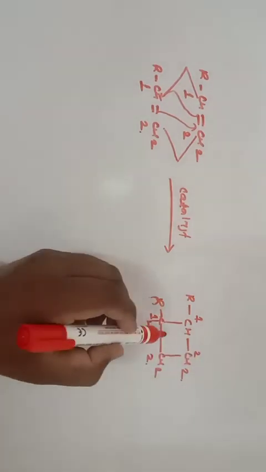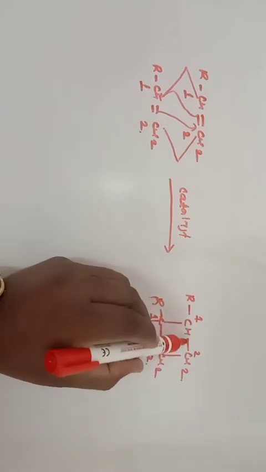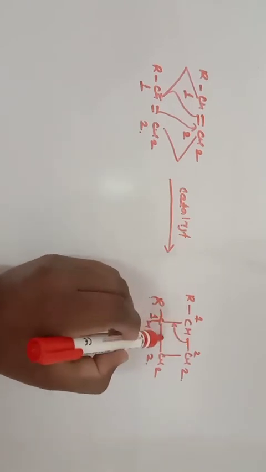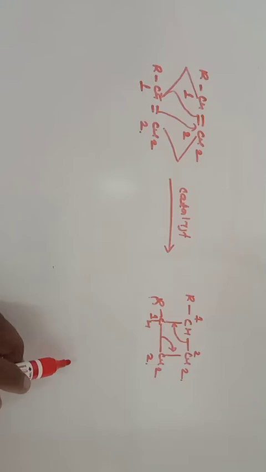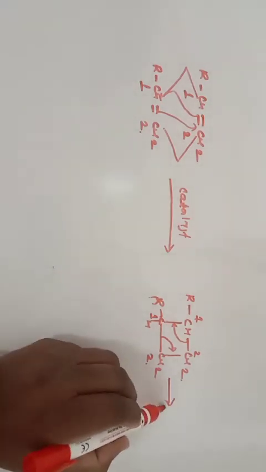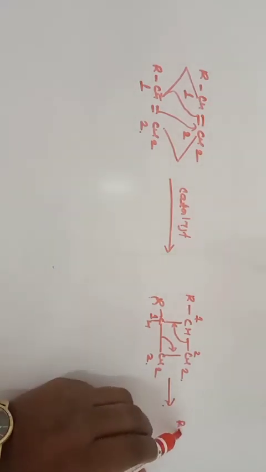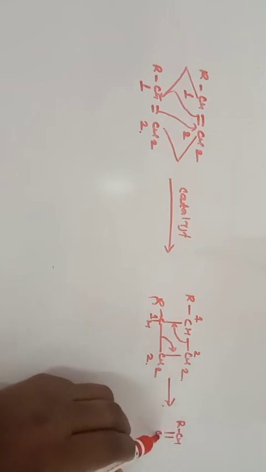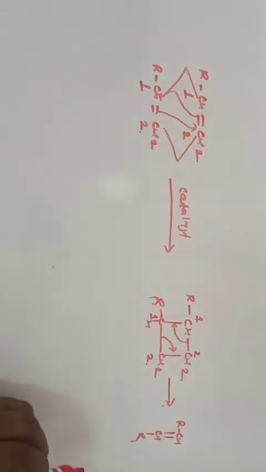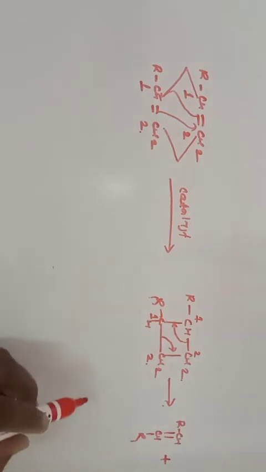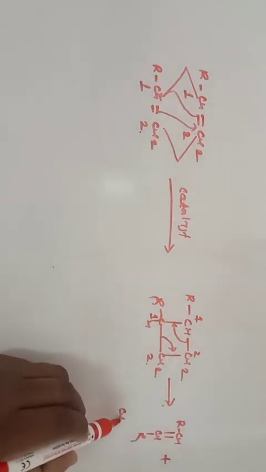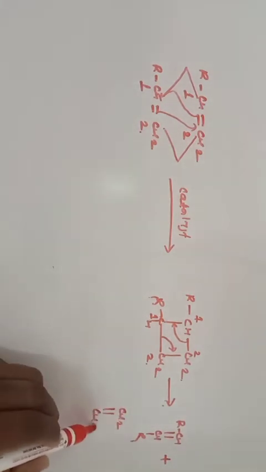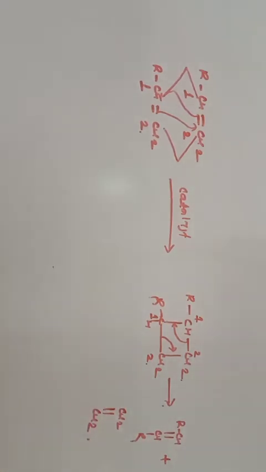This bond will break, and with the formation of RCH double bond CHR, we also get the alkene CH2 double bond CH2. This is your metathesis reaction.